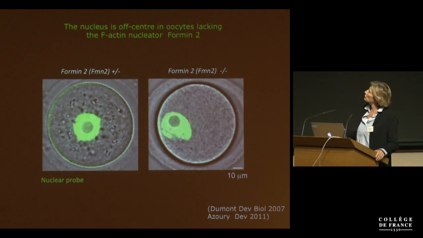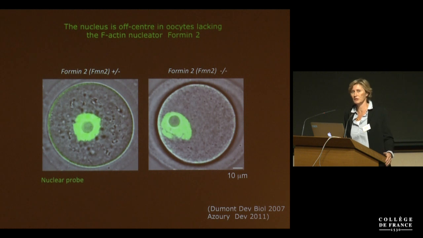However, it was observed by two PhD students from my lab that in oocytes coming from the formin 2 knockout strain, their nuclei are off-center. So formin 2 is a nucleator of microfilaments, and the formin 2 gene is an essential maternal gene because the only phenotype that this total knockout has is actually female sterility. So it's an important gene.